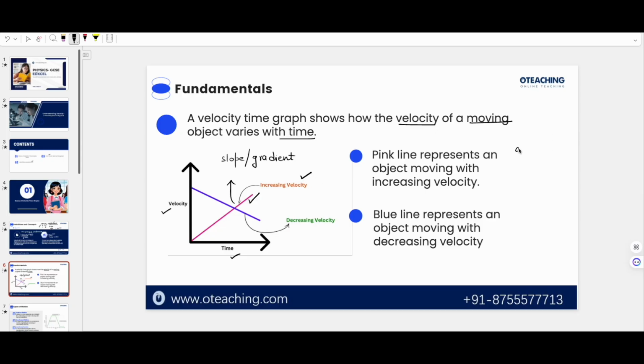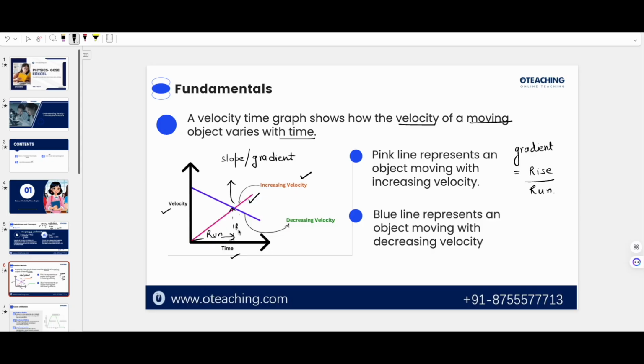Now do understand that the gradient of any graph comes from rise over run. When I talk about the rise, this is your rise, and when I talk about the run, this is your run.